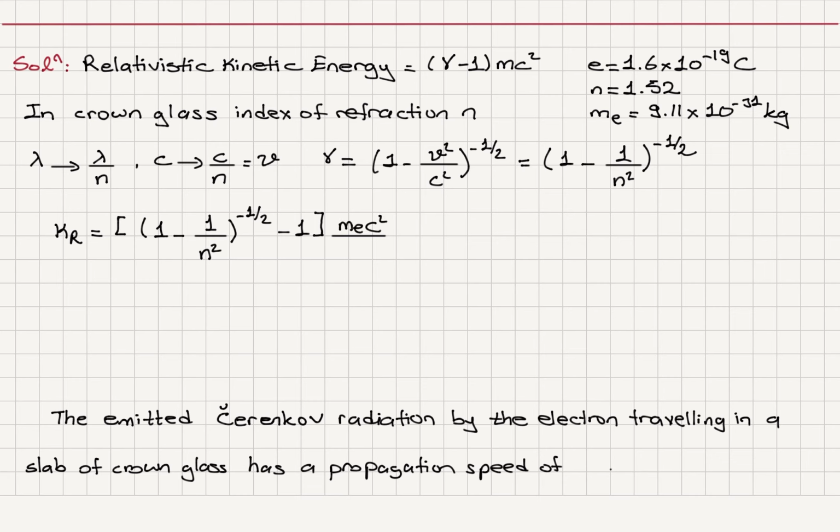This is going to give the energy in joules. We have to divide it by the electron charge in order to get the relativistic kinetic energy in electron volts.